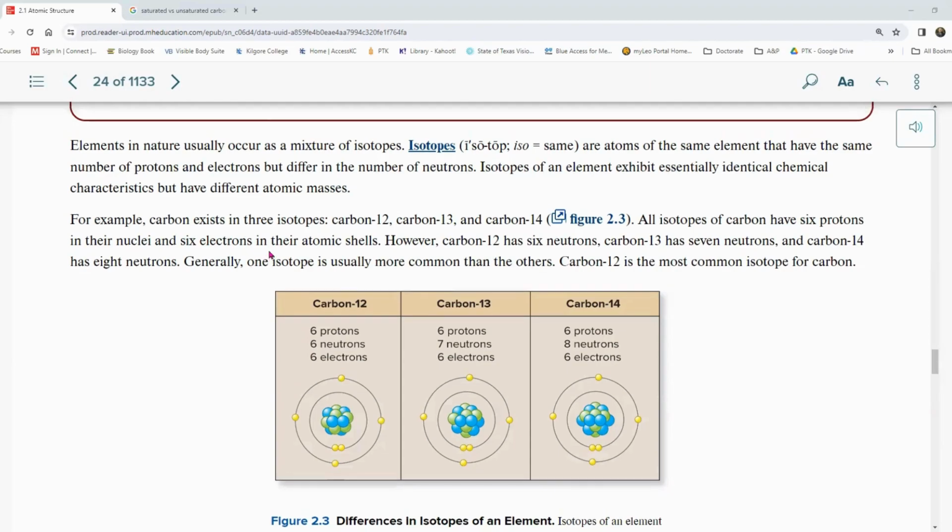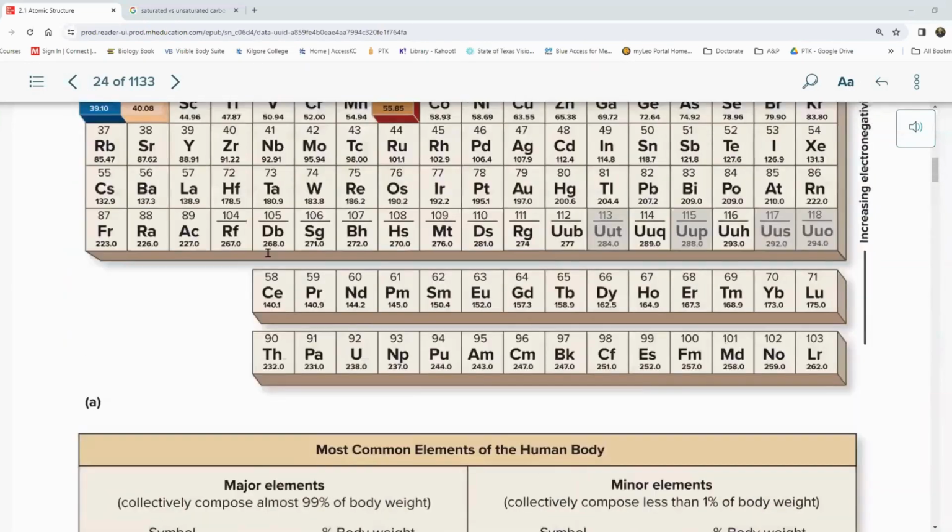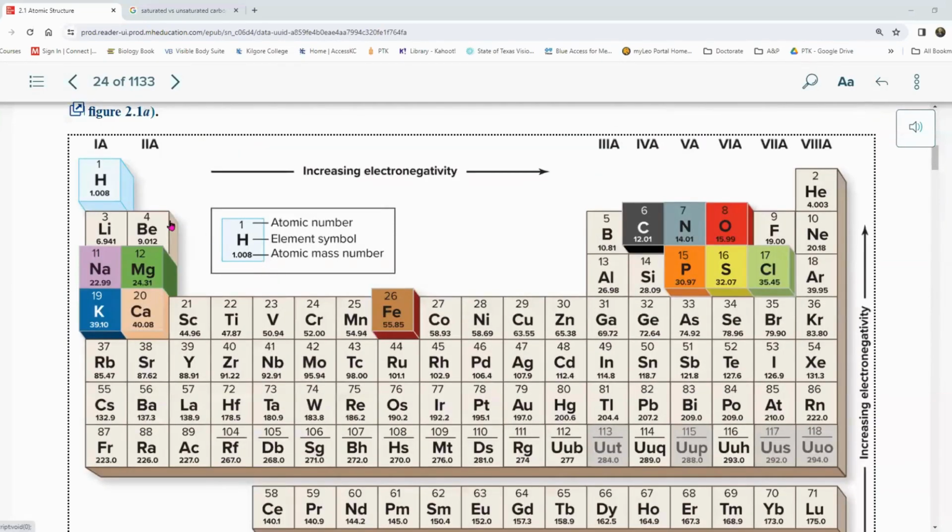So if we scroll back up, if you remember me saying that the atomic number is the amount of protons it has. If I went from an atomic number of 1 and changed it to 2, which means I have 2 protons, that changes the entire element. And you see that it becomes helium now.